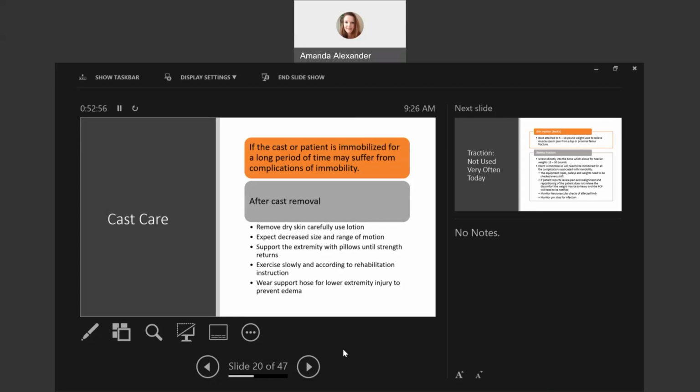Tell them to expect a decrease in the size and range of motion of the extremity. So once a patient's placed in a cast, the immobility of the muscle causes atrophy. Have them support the extremity with pillows until their strength returns. Have them slowly start into their exercise or rehab program. And advise them to always wear support hose for any kind of lower extremity injury.